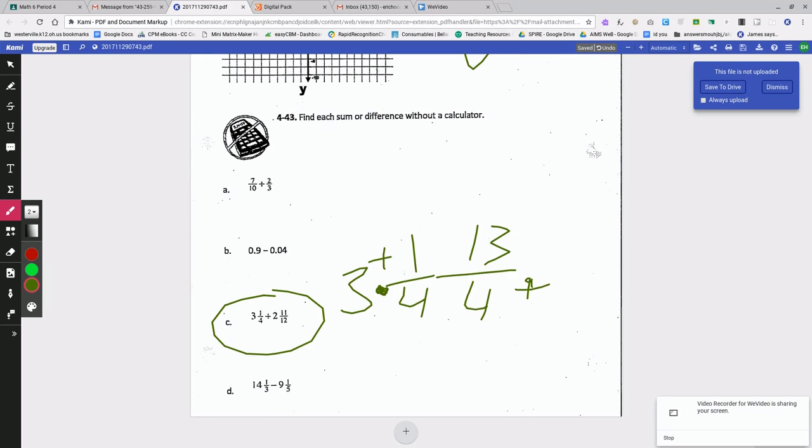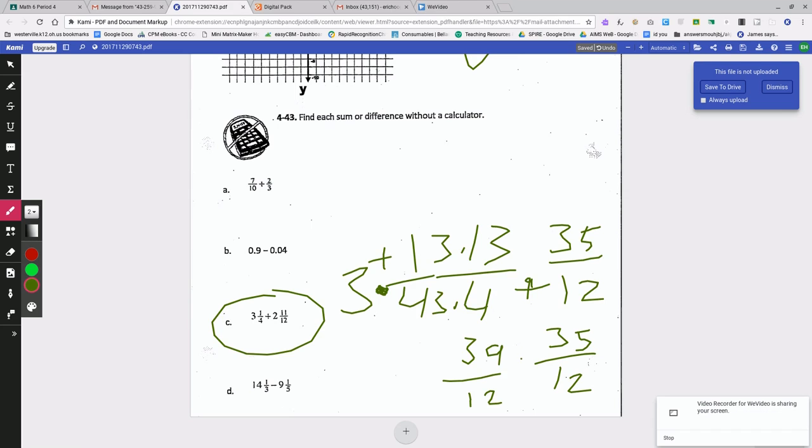And we would add that to 12 times 2 is 24, plus 11 is 35 over 12. Now you can get your common denominator for 4 and 12, which will keep it 12. So 4 goes into 12, multiply it by 3, so 3 times 13 is 39. Then you can simply add that and then turn it back into a mixed number.